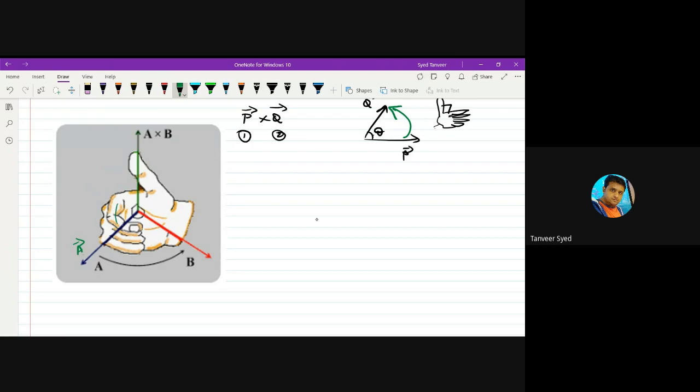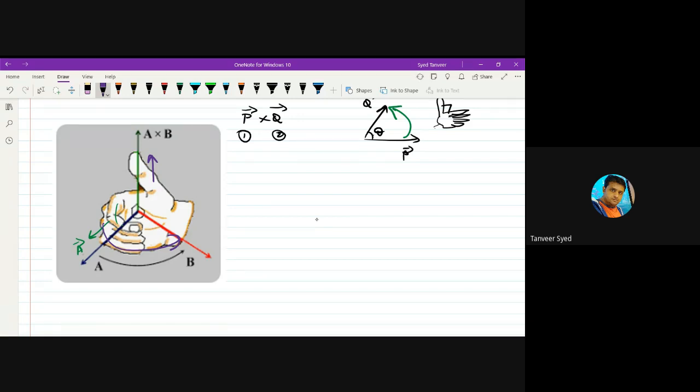These four fingers are pointing first towards vector A. Then they are bent towards vector B, curled towards vector B. Then your hand will be like you are holding something, a wire or a thin rod. This is the direction in which the thumb is pointing, which will give you the direction of A cross B.